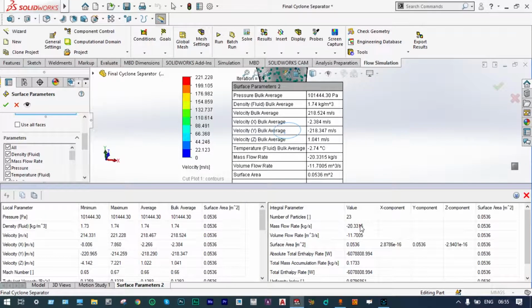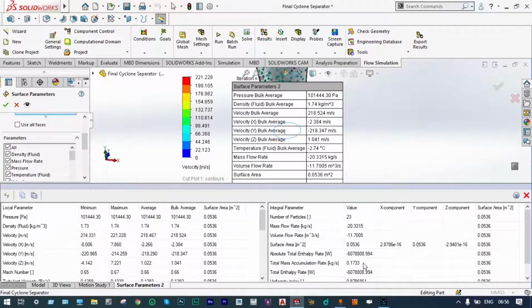Now compared to the previous one, in this case more numbers of particles are being accumulated at the bottommost part. You can see 23 numbers of particles are accumulated, and other parameters you can see, mass accumulation rate is very high in this case compared to previous one. It is 0.1733 kg per second, and pressure, density, etc. all the parameters we can see from here, right?